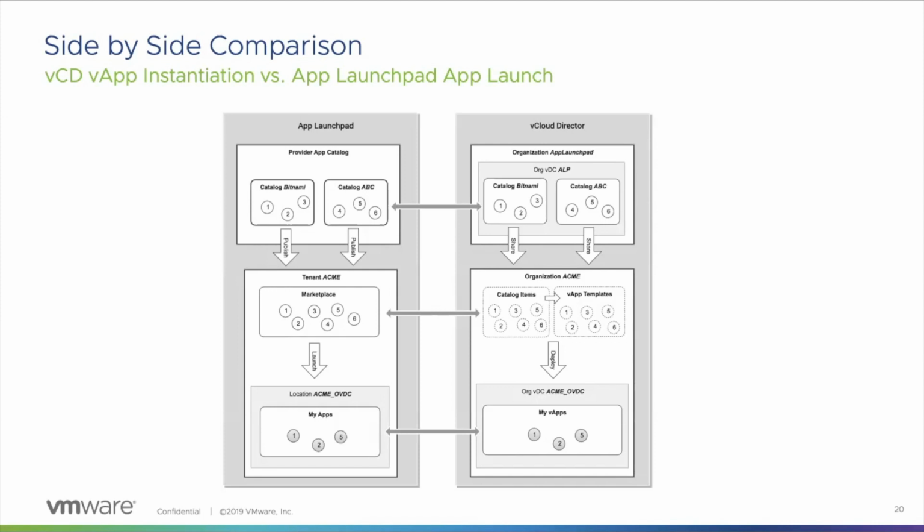But if they want to perform further actions, they could go into vCloud Director, where the same application exists as a running VApp, and they could perform further management within VCD. So this is how the workflows within App LaunchPad map to vCloud Director.